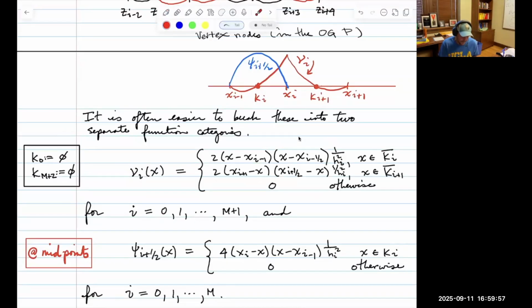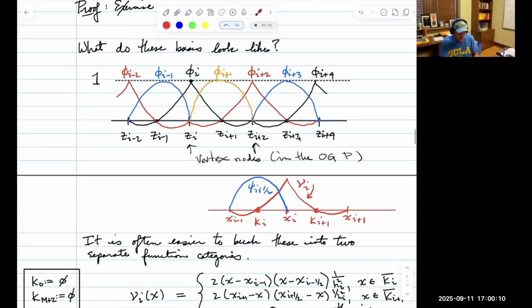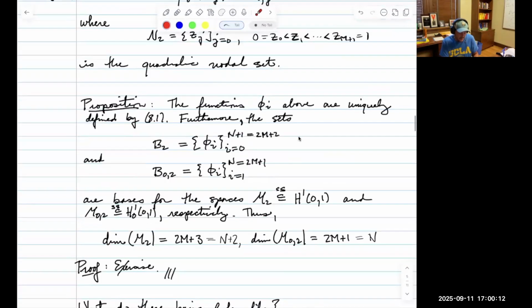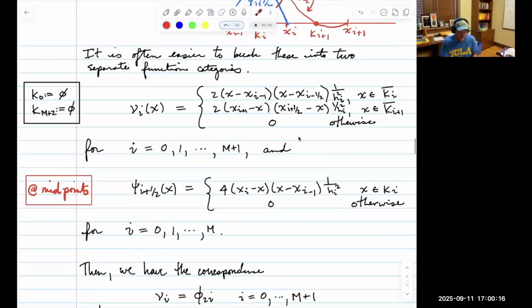Now, these definitions have to be modified if x_i is a boundary node, so whenever i is equal to 0 or m plus 1, and I've told you how to do that here. So all of these functions, which were defined by this very simple rule, can be broken down into two classes of function.